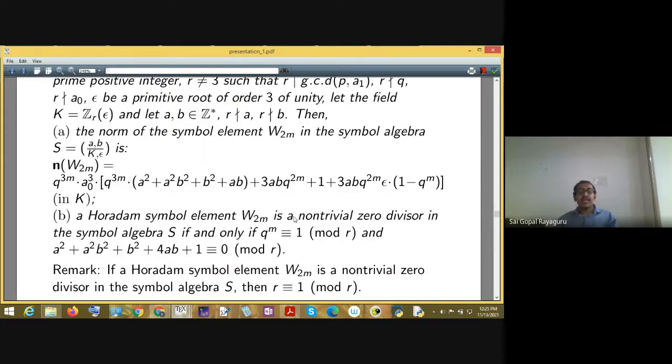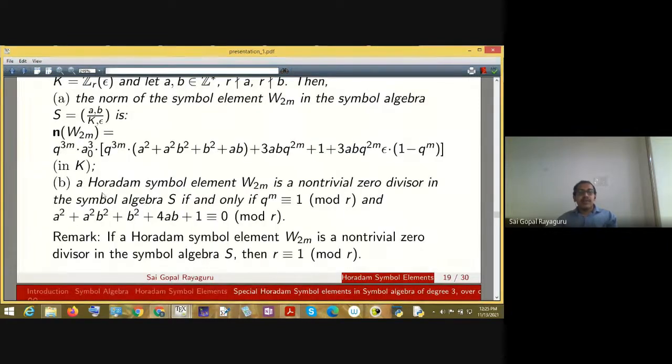And the Horadam symbol element W2m is a non-trivial zero divisor in the symbol algebra if and only if two conditions hold: that is, q raised to the power m is congruent to 1 mod r, and that is the modular property.